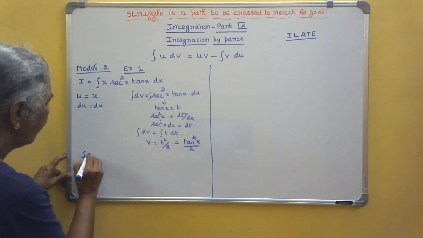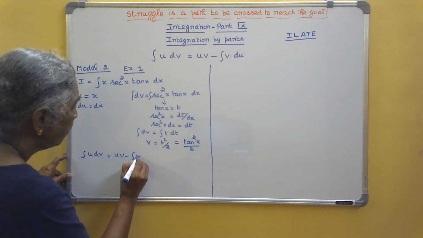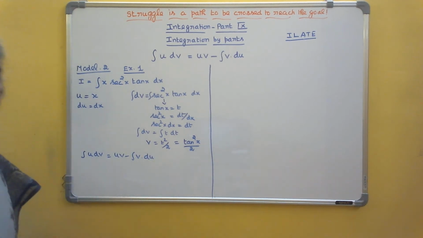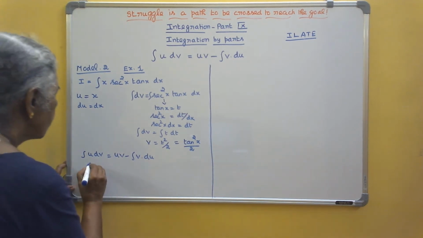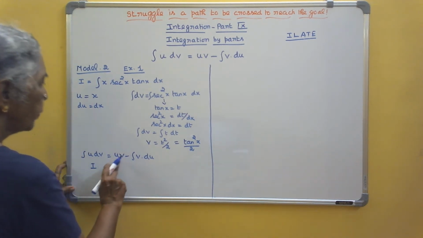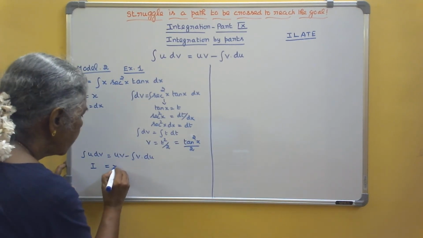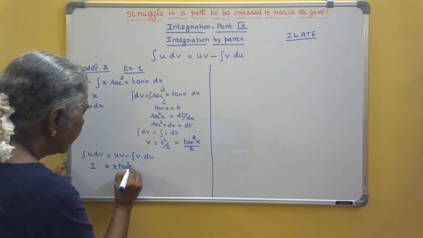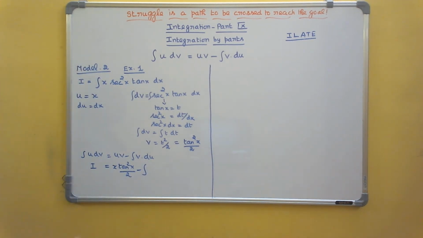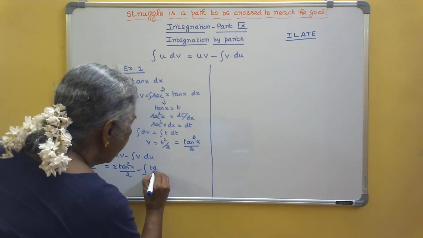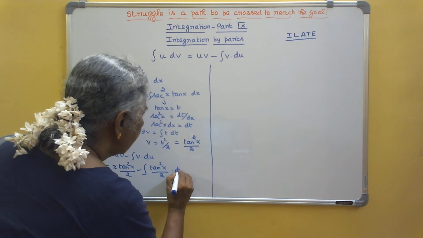Now let us write the formula. Integral u dv is equal to uv minus integral v du. The left hand side as usual, that is I. So I is equal to uv. u is x, v is tan squared x by 2. So x tan squared x by 2 minus integral v du. v is tan squared x by 2, du is dx.